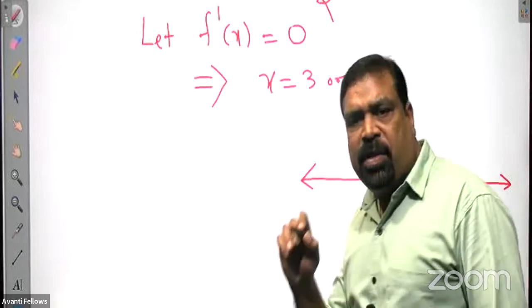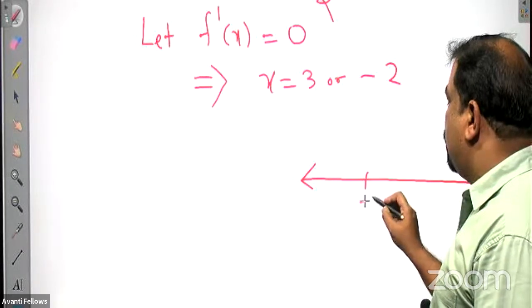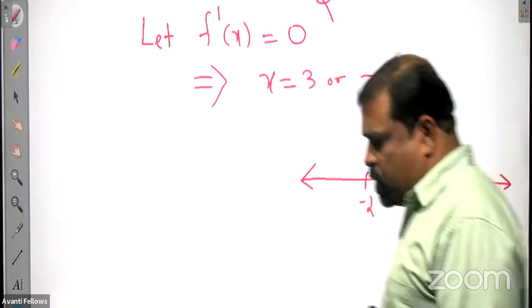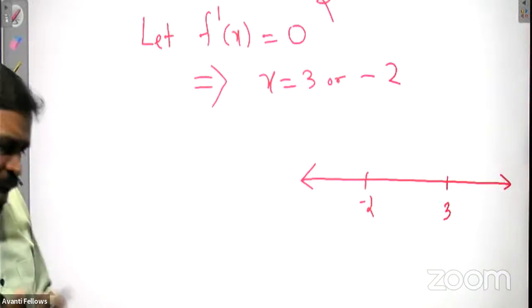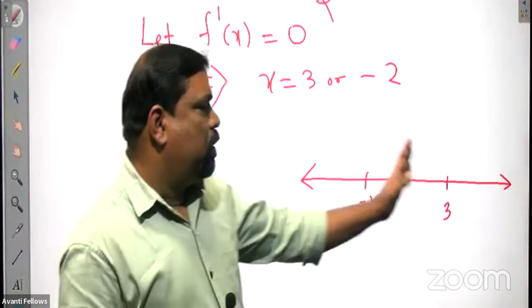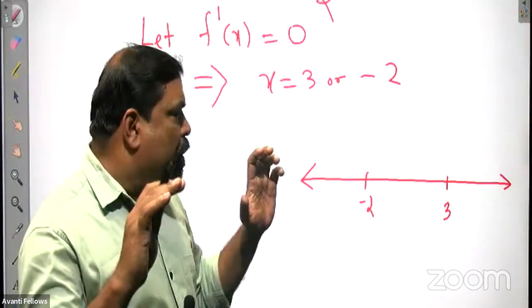Now we got -2 as one critical point and 3 as the other. Roughly mark these points in order: -2 is less than 3, so -2 comes first, and after that you mark 3.